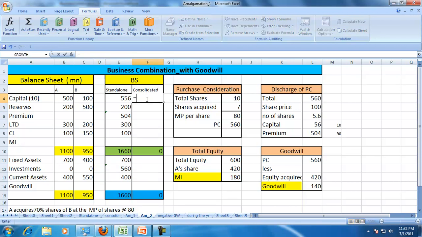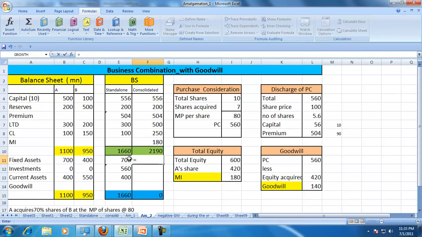So the consolidated balance sheet will show the assets of A plus the assets of B and the capital of A alone, so no change in this. Now the long-term debts of A plus the long-term debts of B, the current liabilities of A plus the current liabilities of B. Here of course you have to show the minority interest.